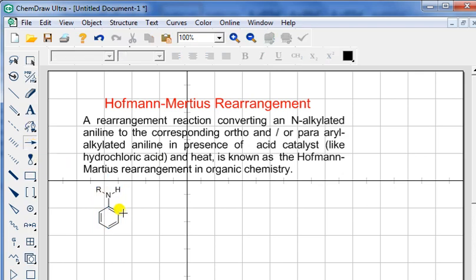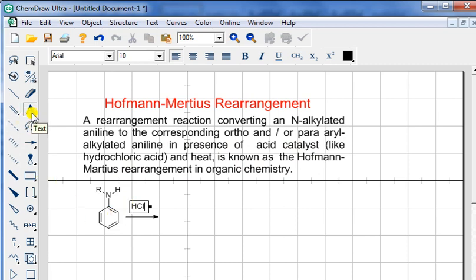Just follow me, see where the arrow is coming from. We first draw the N-alkylated aniline, and we take the arrow. Now, in presence of HCl, hydrochloric acid, acid catalyzed, so H, small l, and heat.